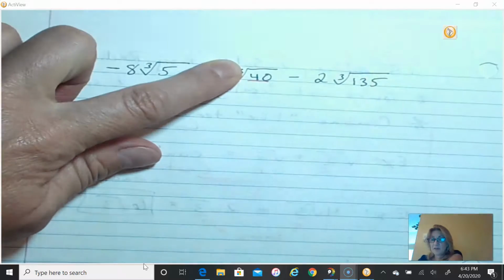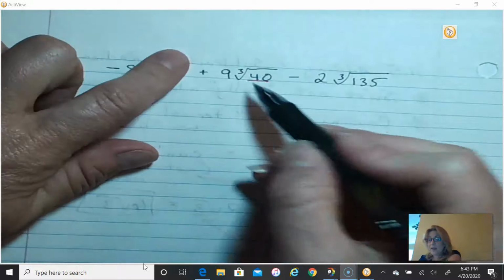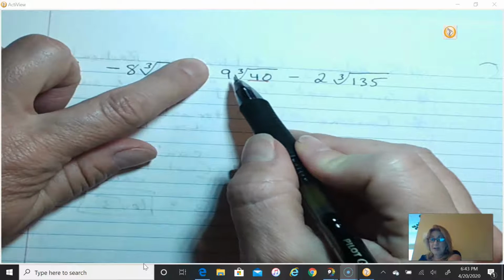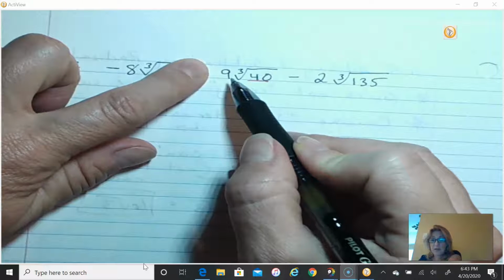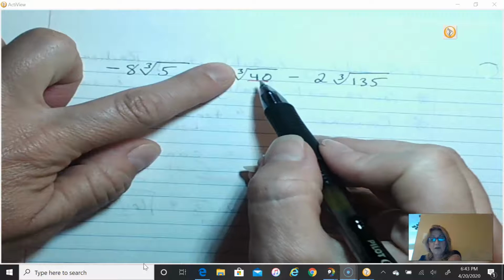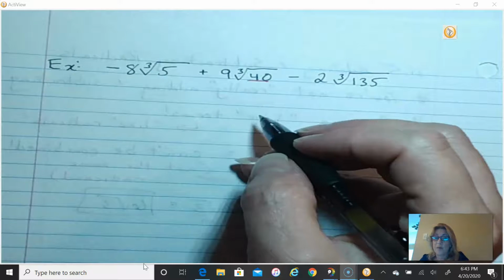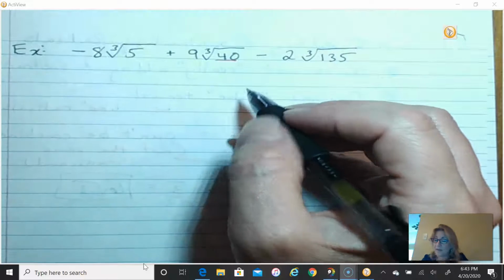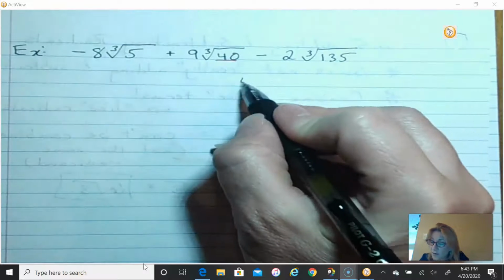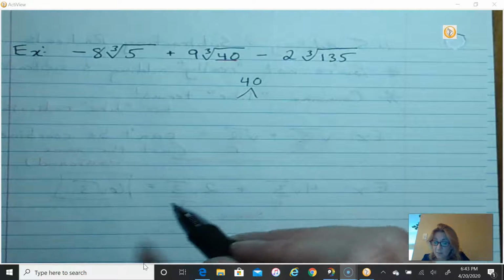We need to do a factor tree because it is not factored out. Watch this 9 though. We're going to be doing something with it later. But when we do the factor tree, we're going to only focus on the 40, but we will be utilizing that 9 later. So pay very close attention. All right, so I'm going to do my factor tree of 40. I'm going to be rewriting all this down here. Okay, so be ready.